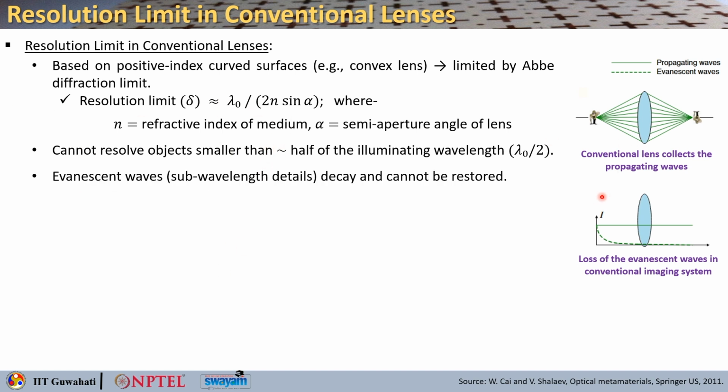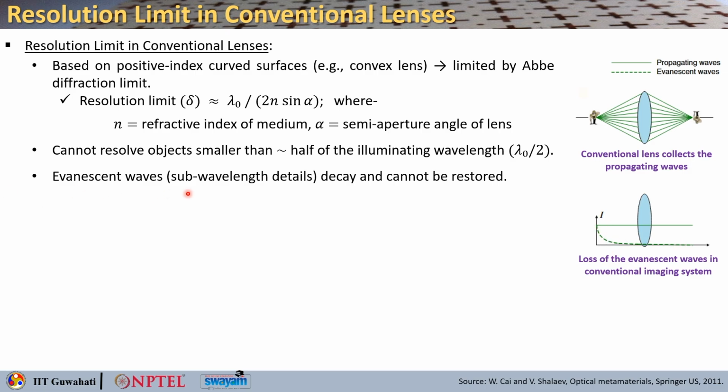Now why does it happen? If you look into a conventional lens, this is how it collects the propagating waves. The solid lines indicate the propagating waves, and that is how the image is formed. Now any object has two kinds of waves coming out of it. One is the propagating wave, the other one is the evanescent wave.